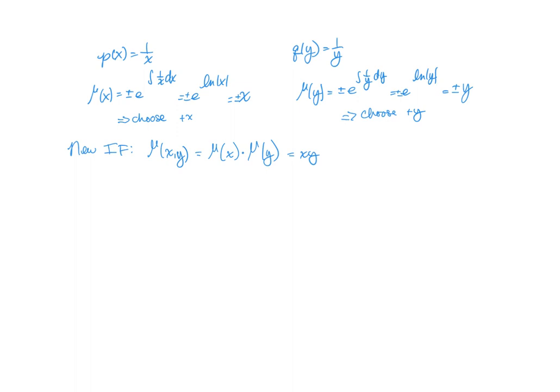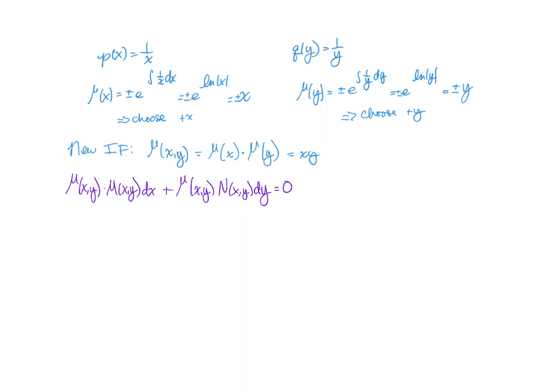So what we're going to do then is go back and say, okay, now I'm going to do mu of xy times M of xy dx plus mu of xy times N of xy dy, and it's going to equal 0.